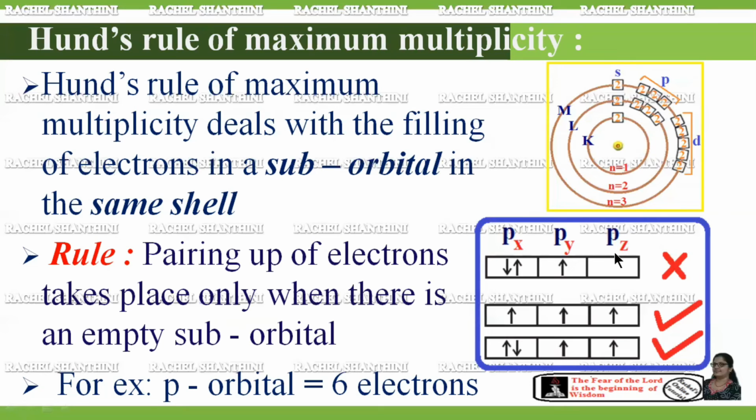Degenerate means in the absence of electric or magnetic field, the three orbitals of a particular energy level have the same energy. Pairing up of electrons takes place only when there is no empty orbital. If an empty orbital is available, pairing up of electrons does not take place.